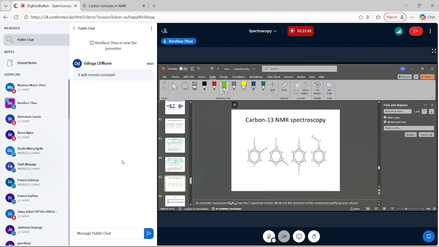So if we look at the first compound, we get 4 different chemical environments for the carbons, okay? That means this carbon which is substituted with a methyl group and this carbon substituted with a methyl group are equivalent because they are the same distance from all the other groups when you consider each of them separately.